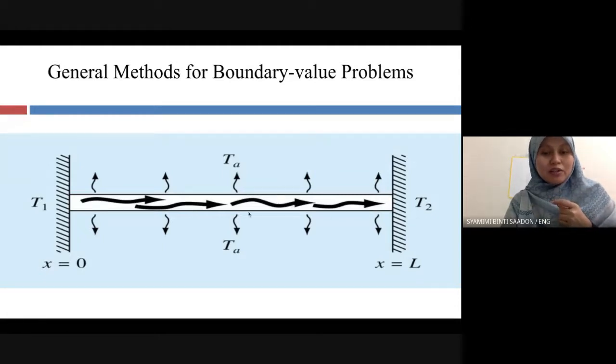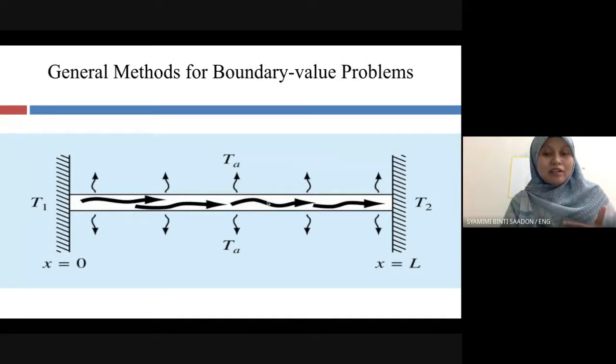The rod here will transfer heat. The process of transferring heat, we call it convection. Convection heat transfer will occur between the rod and the ambient, because the rod has a different temperature than the ambient.